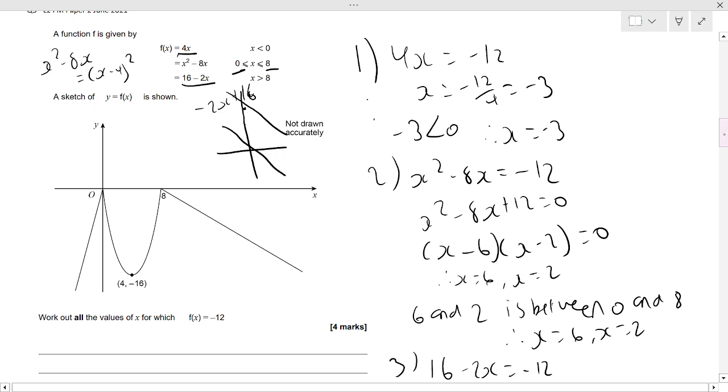But then we need to sketch that from x greater than 8. So when x is 8, 16 minus 2x, 2 times 8 is 16, so 16 minus 16 will get us 0. And we can see that here. So it starts at 0, then it goes down, like we can see here. And that's how we get that graph, okay?